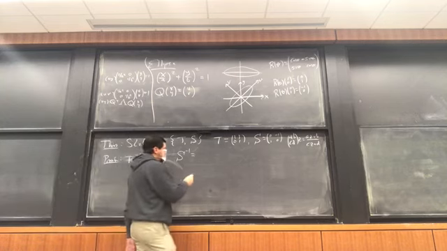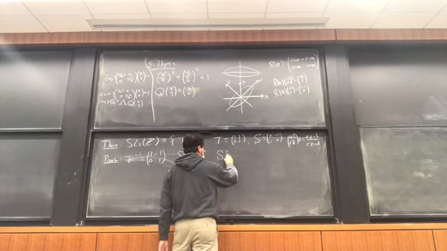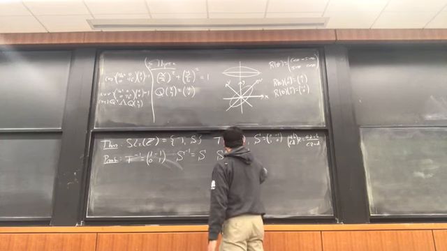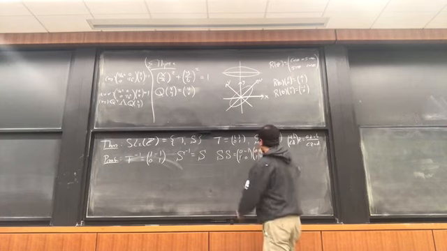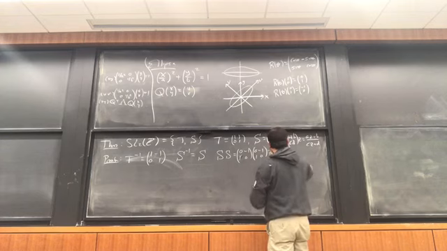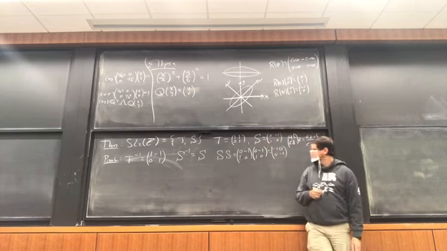So is it the same as S? Well, S times S is 0, -1, 1, 0, times 0, -1, 1, 0, which is -1, 0, 0, -1. So it should be negative S instead?